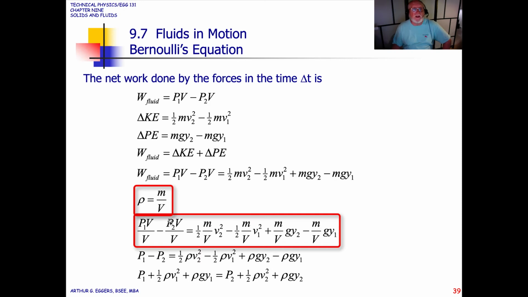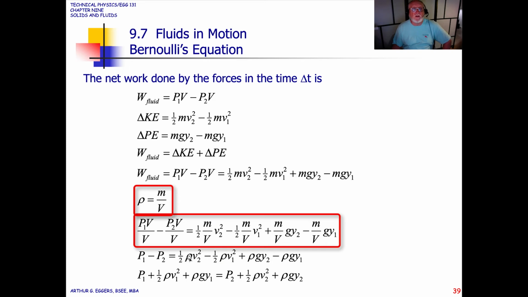Since we have volume in a couple of the places here, they cancel out. And since we defined density as mass by volume, let's replace mass by volume with rho for the density.